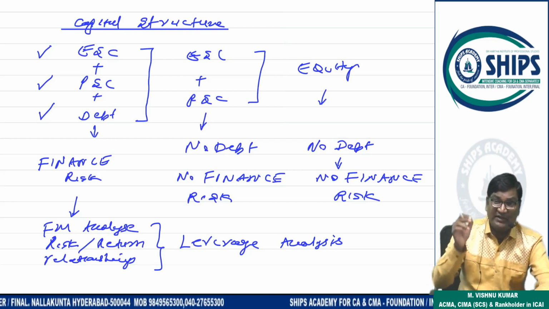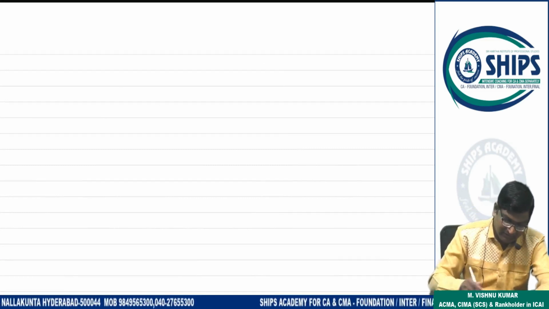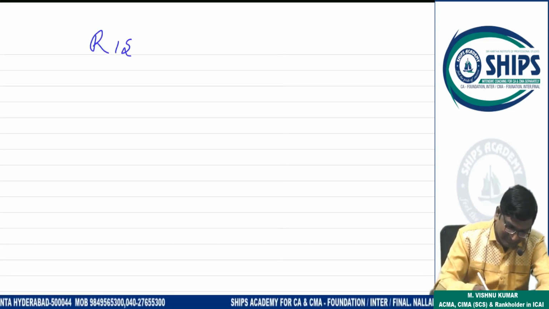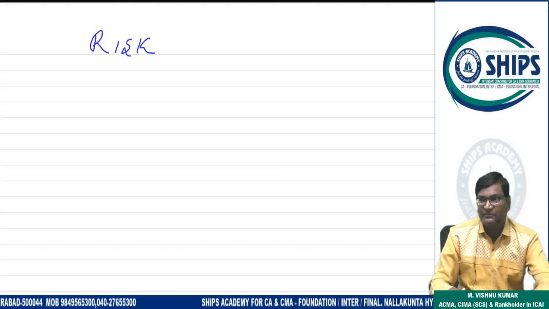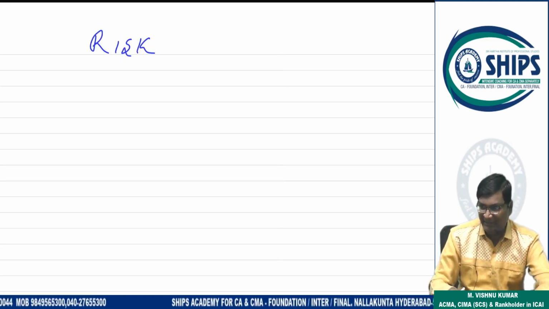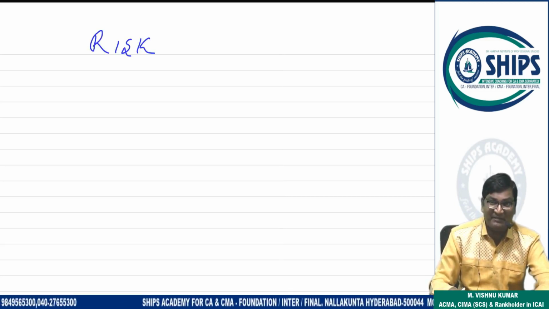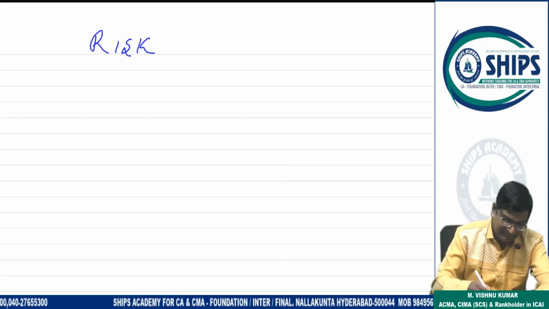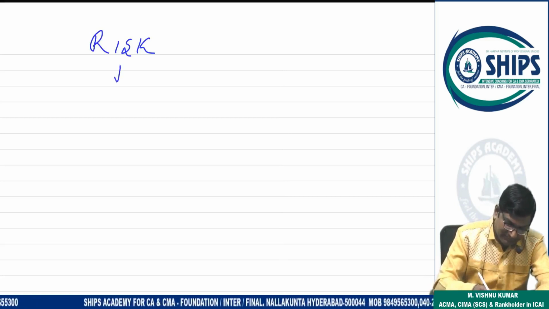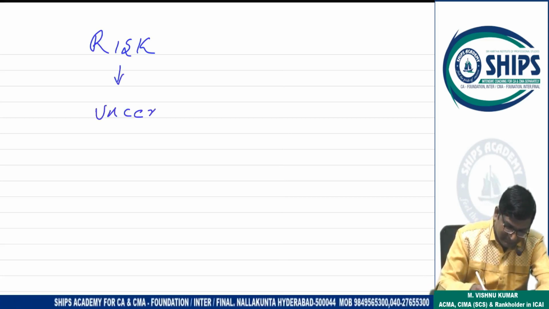So whenever the word risk is coming, what does risk mean? First of all, risk means uncertainty. Whenever there is uncertainty, there is a risk. So risk is arising due to uncertainty.